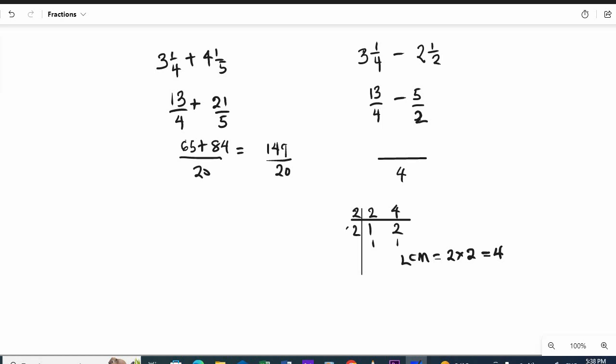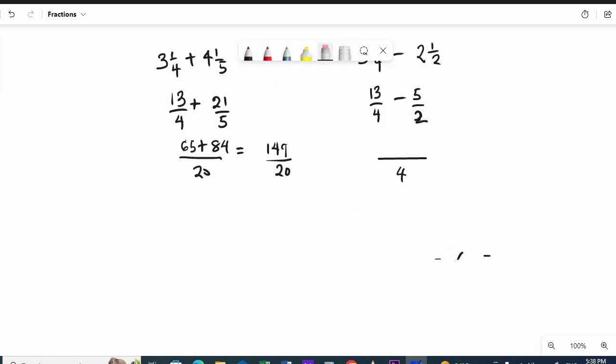Okay, it's a quick one there. Alright, so we say 4 divided by 4, that's 1. 1 times 13, that's 13. 4 divided by 2, that's 2. 2 times 5, that's 10. So this is equal to 3 over 4. Okay, so that's how to add and subtract mixed numbers.